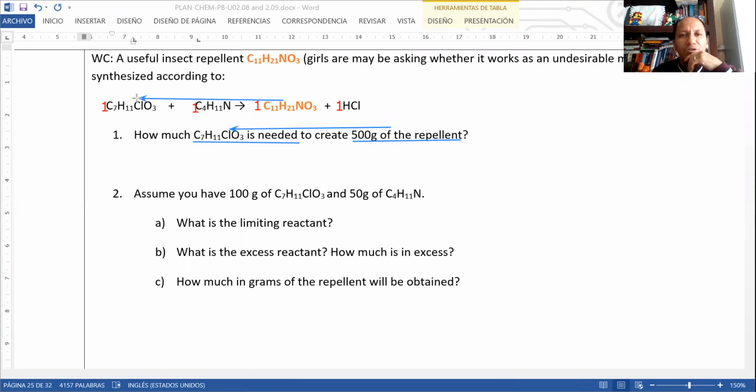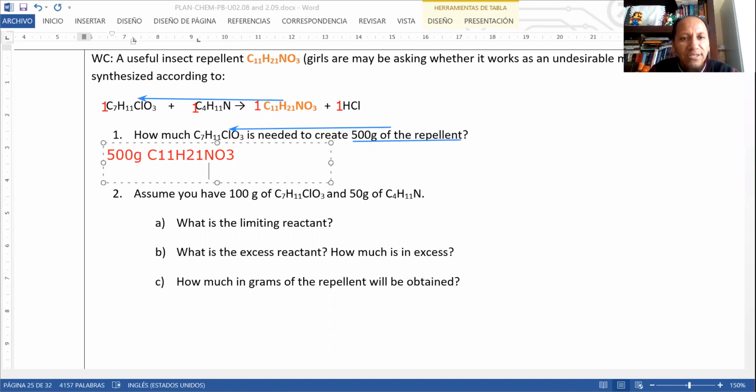That is the way you're supposed to solve the exercises. Then you write the data: 500 grams of the repellent. What's the repellent? C11H21NO3. That's the data I just got.